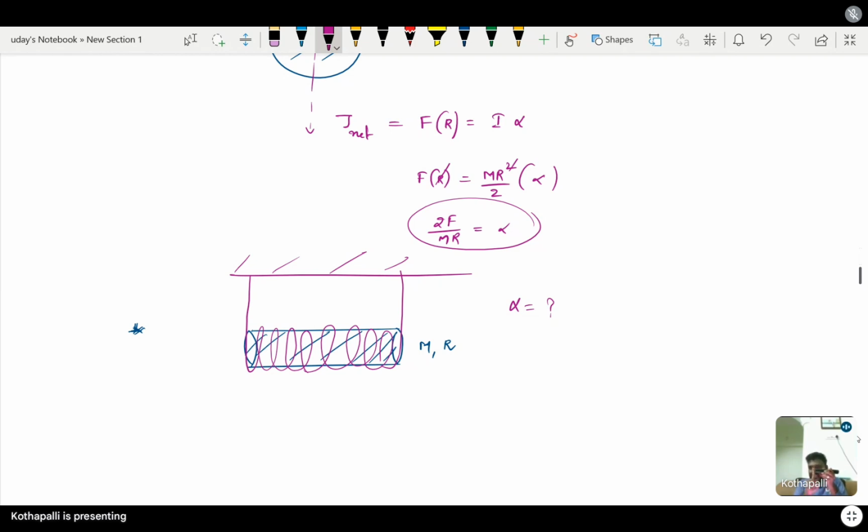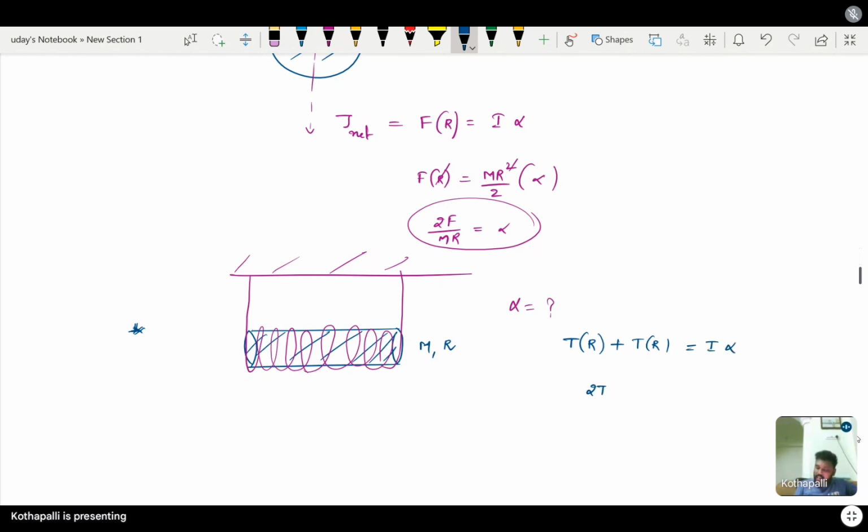The tension force is on the edge, so torque is force into perpendicular distance. So we can write net torque equals tension into radius plus tension into radius, because it is there at both the ends, is equal to I alpha.